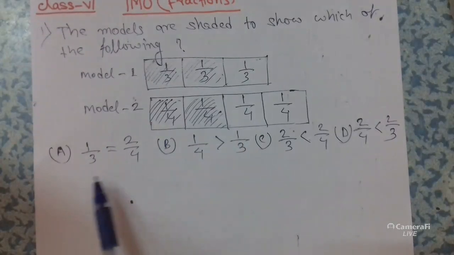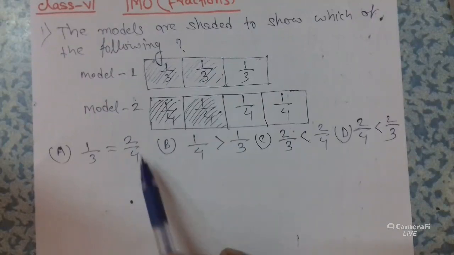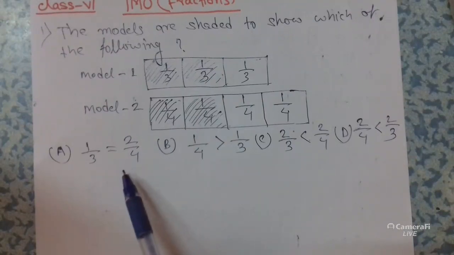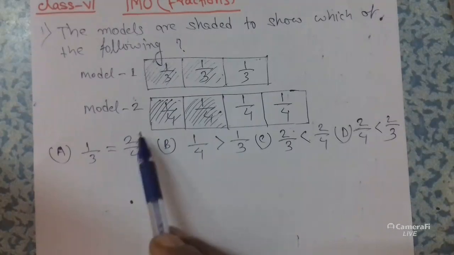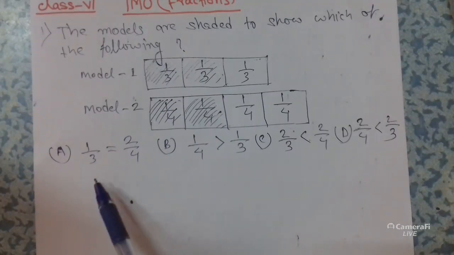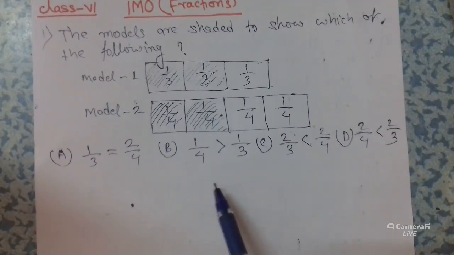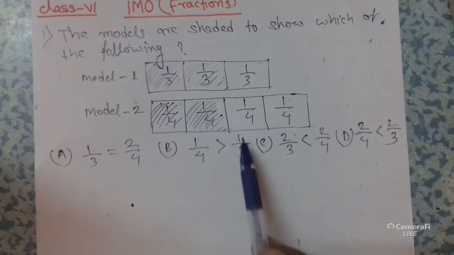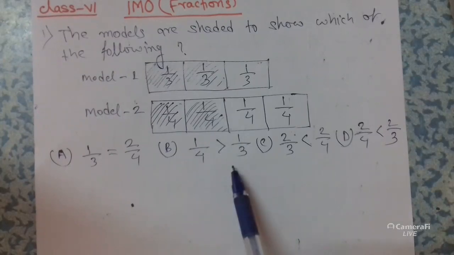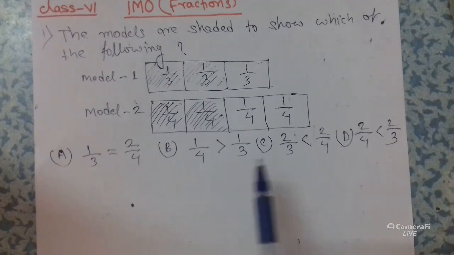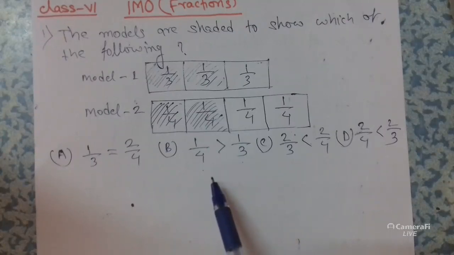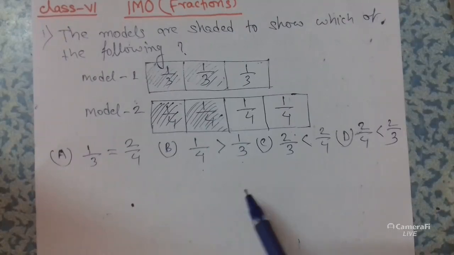So here first one is given 1 by 3 is equal to 2 by 4. So it is not equal, students. 1 by 3 is not equal to 2 by 4. So this one is incorrect. Second one is 1 by 4 greater than 1 by 3. It is also incorrect, because 1 by 4 is less than 1 by 3.